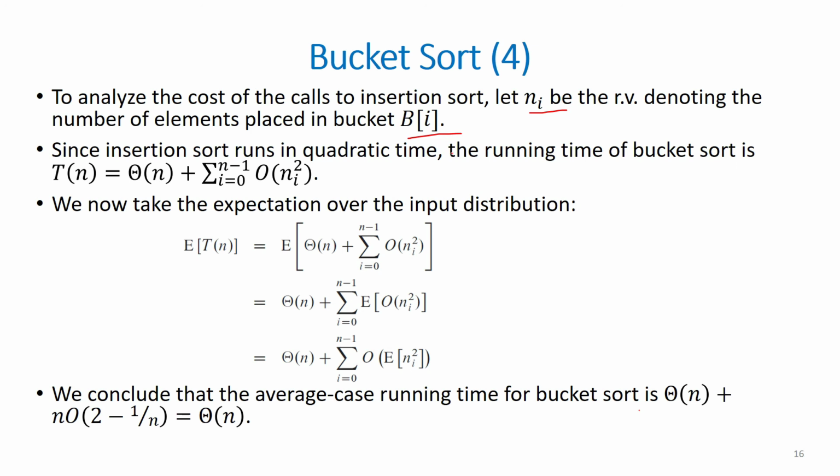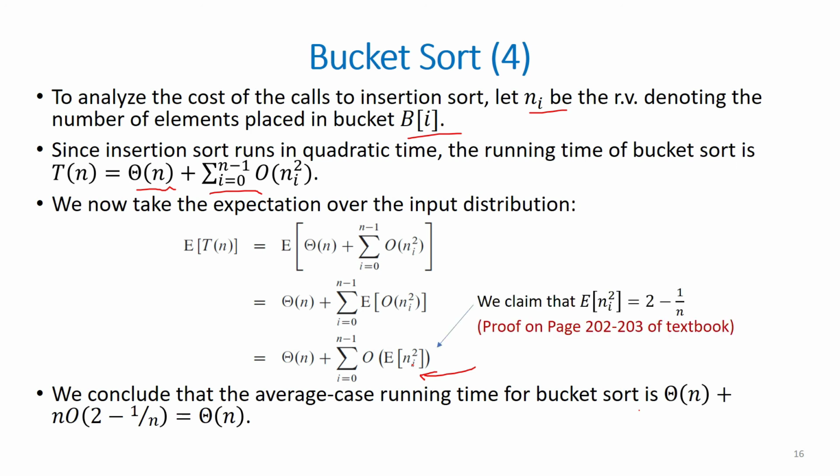Therefore, the recurrence equation for the running time of the bucket sort would be T(n) is equal to theta(n), which is contributed by the for loop on line 5, plus the n number of calls to the insertion sort. As usual, we now take the expectation on both sides of the recurrence equation and apply the linearity property to arrive at this. So if we can prove that the expected value of n_i squared would reduce to something that is linear, then we would basically prove our running time.